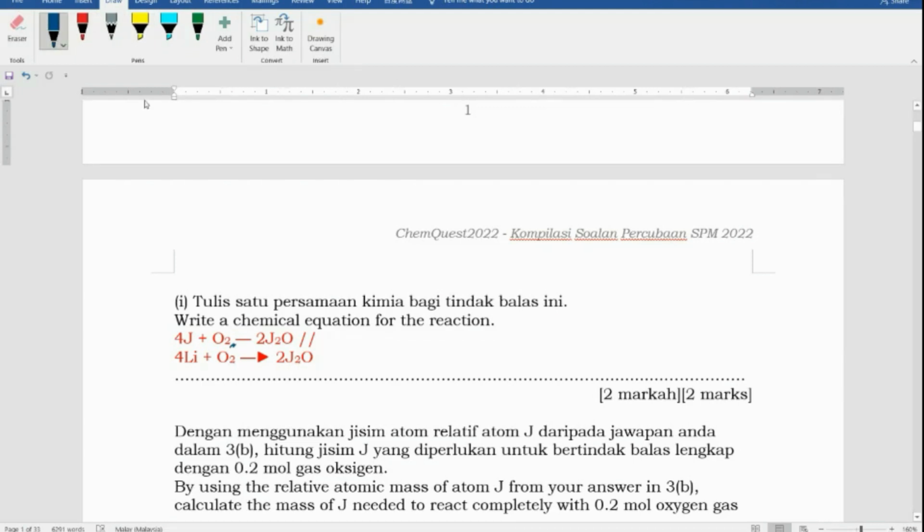Got O2, but here only one O, correct? Understand? So how to balance? We times 2. O becomes 2. But J2 here times 2, so it will be 4J. So meaning that here you need to times 4.